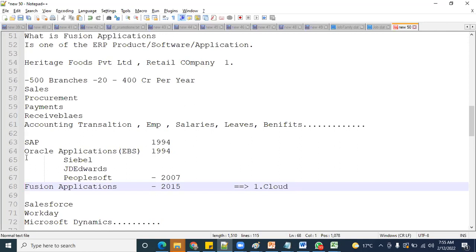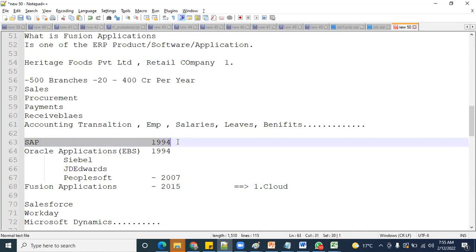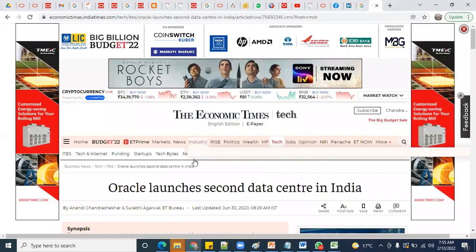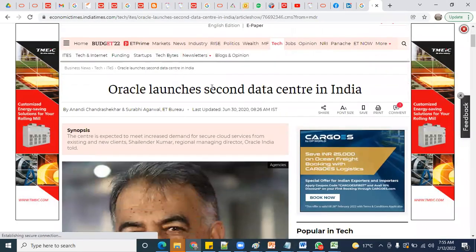Oracle has its own data centers, but SAP does not have its own data centers. SAP is depending on someone else, but Oracle is not. Oracle has started establishing data centers across the world in every country. In our previous session, we saw there are 2 data centers in India itself.